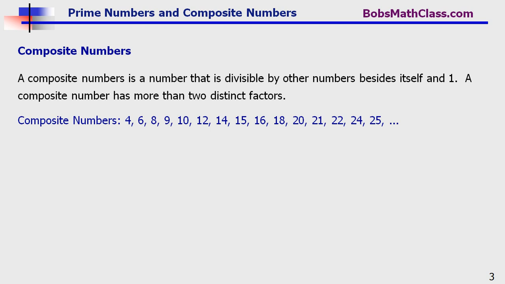So the other numbers would be 4, 6, 8, 9, 10, etc. It has odds and evens. 15 is an odd composite number because 3 times 5 is 15. So not all evens. There's a combination of even numbers and odd numbers, but they have more than two distinct factors. So the first composite number is 4.